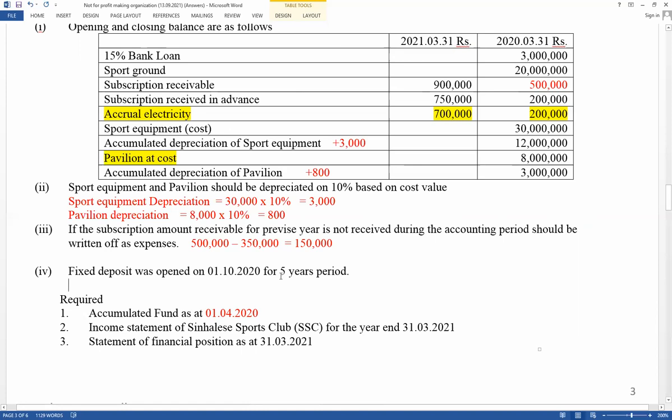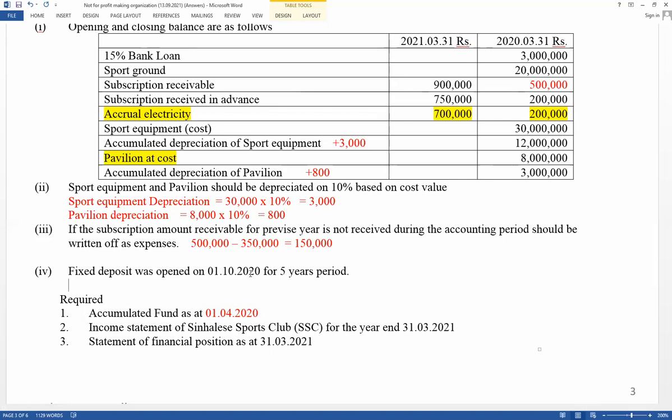But now you have to consider how many months are available during the accounting period. Our accounting period ends on 31st March 21. Even though the deposit is for five years, we have to consider the income only for this year's amount. Income and expense should be included in the income statement only for the part relevant to this financial year.